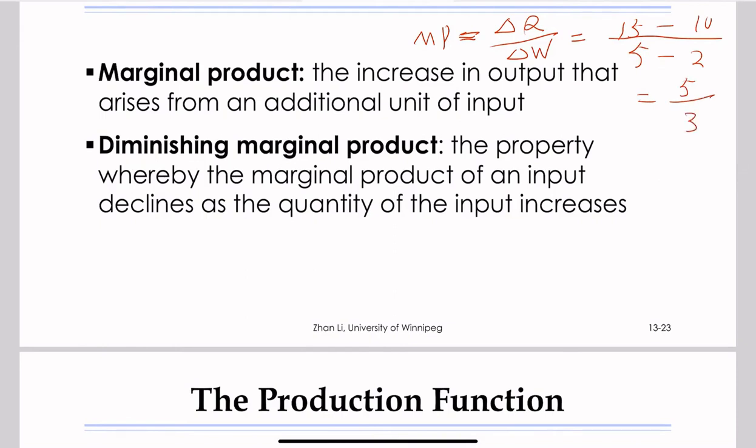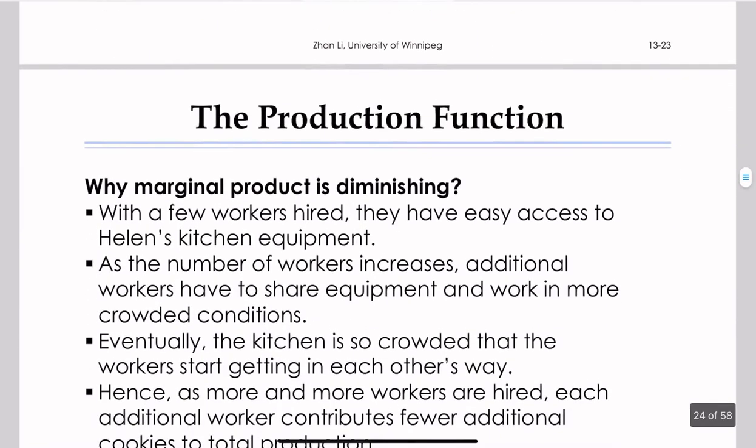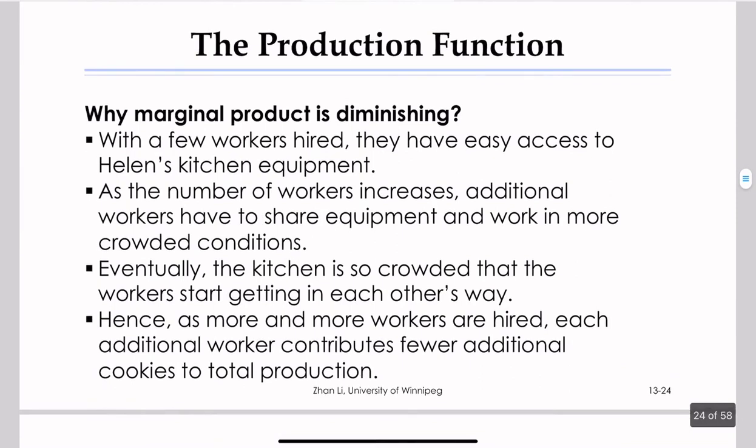And then a very important property of marginal product is that as you increase the amount of input, marginal product will decrease. This is called diminishing marginal product. And we talked about this explanation. In our example, Helen's pizza kitchen, her kitchen size is fixed.